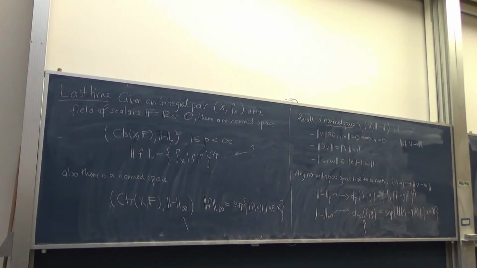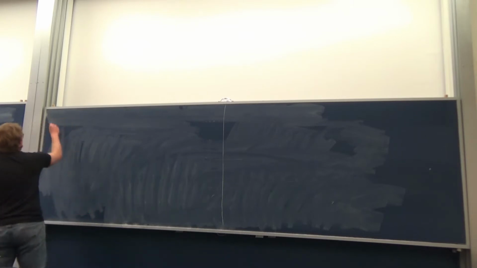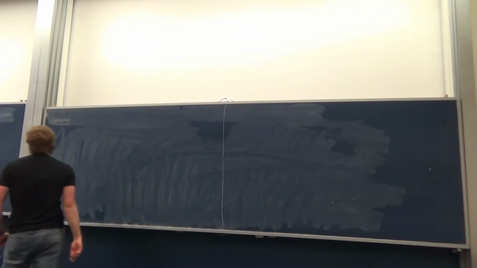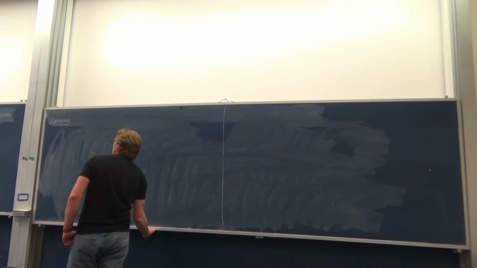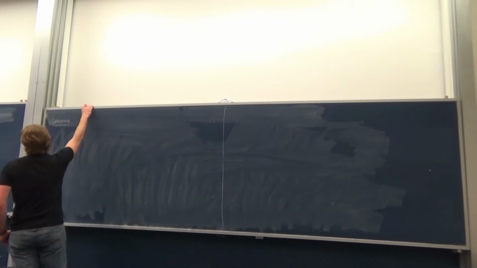At least that has a chance of being a reasonable object, and indeed it's a very beautiful and fundamental object, the LP space. But first I need a lemma. We're going to talk about completions of metric spaces today. And for that, I need the following lemma, which I mentioned last time. In fact, I've used it already, so let's prove it.